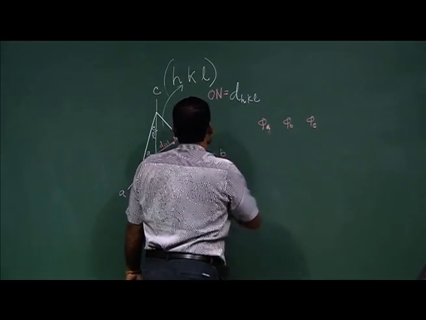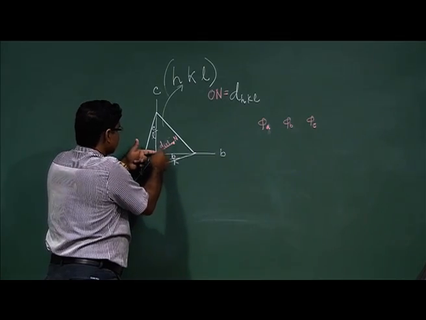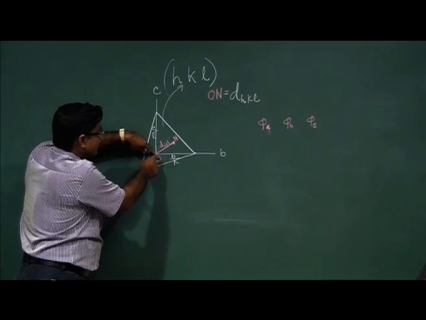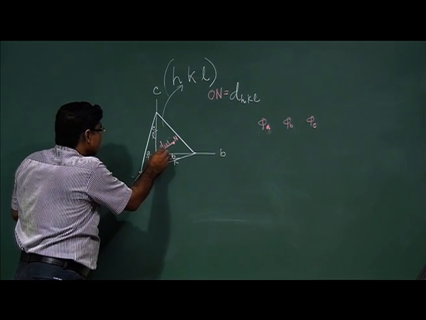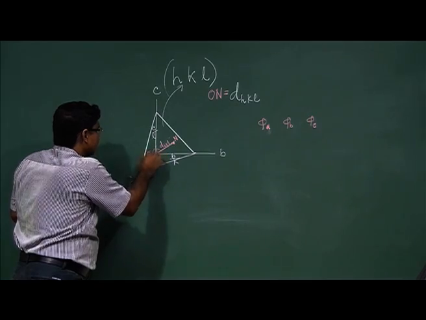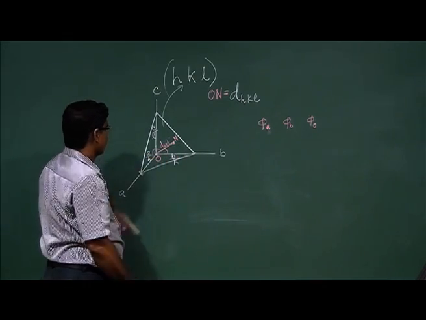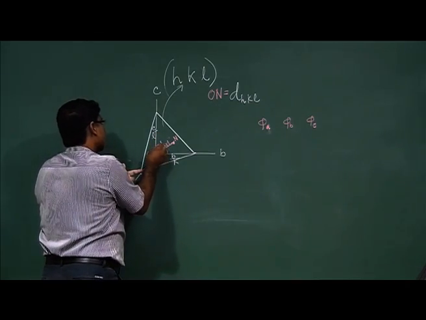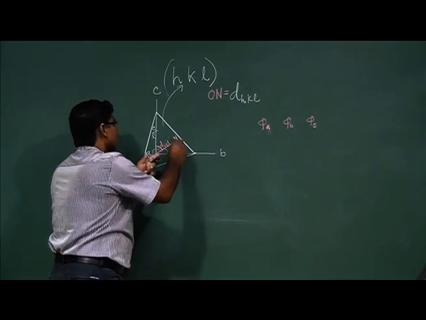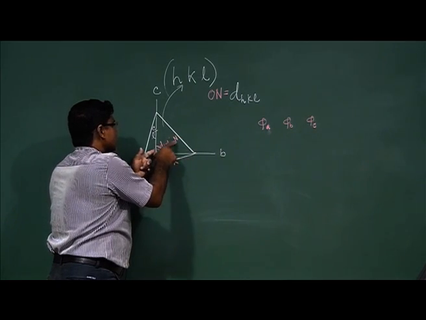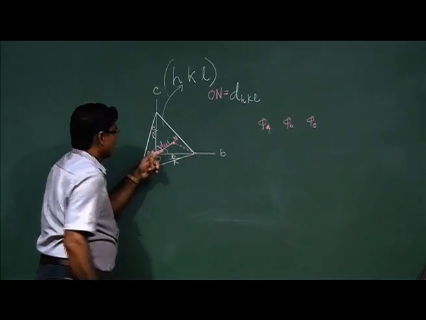So this ON has angle phi A with the A axis, and with the B axis this one is phi B, and with C this is the angle, phi C. If I consider this one, it is easier.